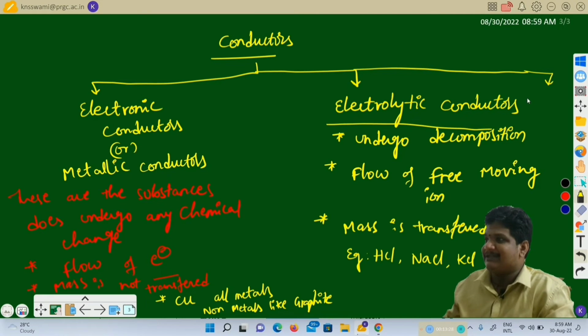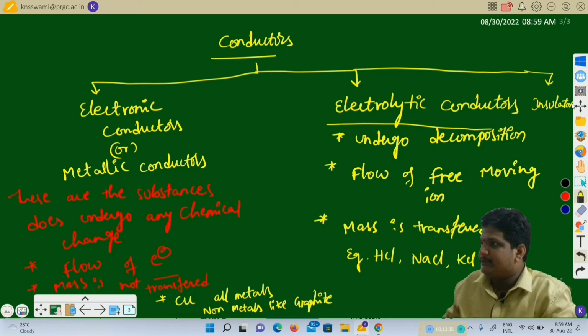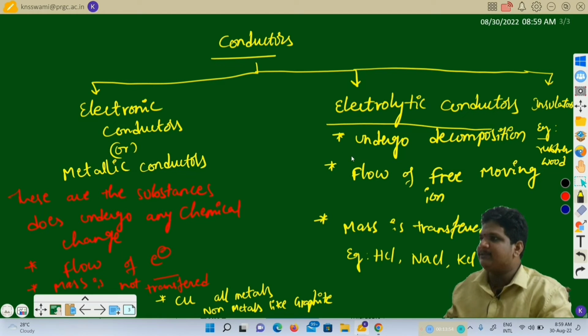They cannot allow the passage of electricity through them, so those substances are called insulators. For example, rubber or wood. So these are some examples of insulators.